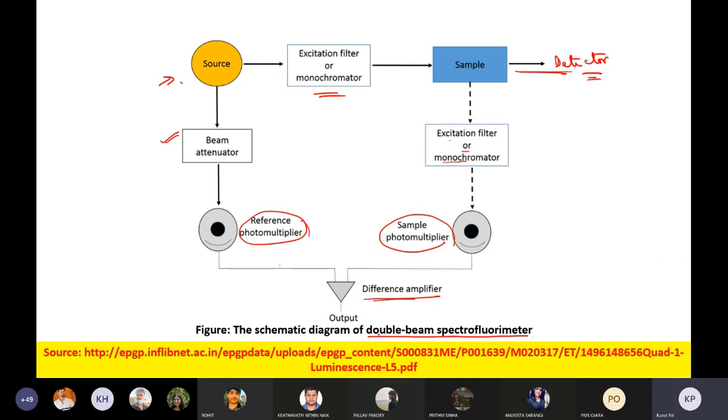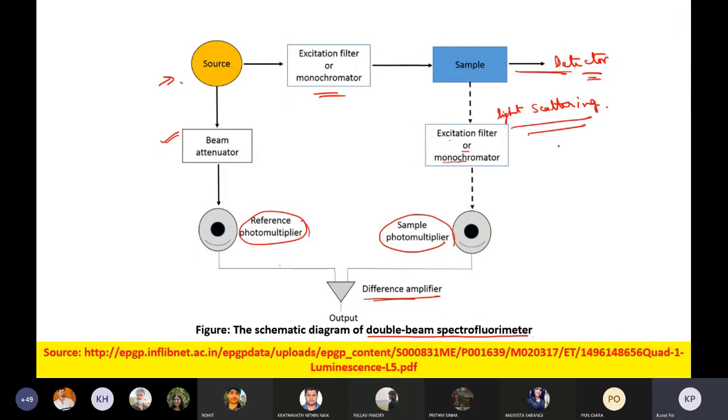Okay, so why do we do this? We do this because when we are collecting the emission spectra at right angle, it is also possible that some of the radiation source wavelength comes in the 90-degree direction due to the phenomenon of light scattering.